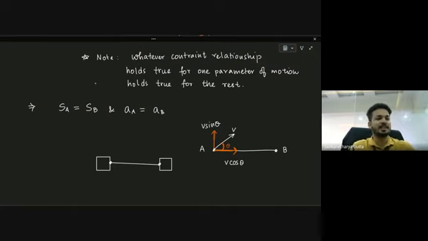It is given, let's say, at an angle theta. So it will have two components: the cos theta component and the sin theta component. One is the component along the string, and the other is a velocity which is perpendicular to the string.